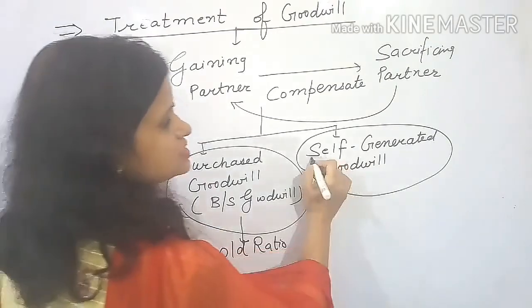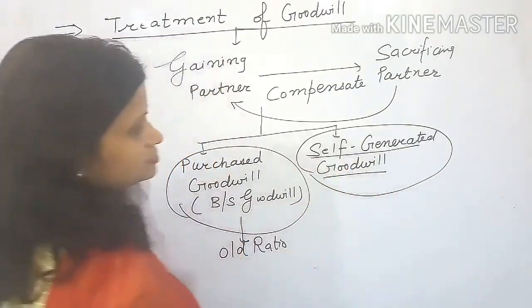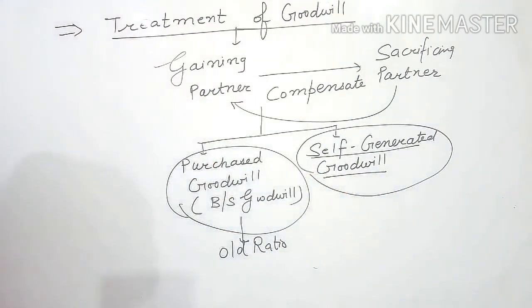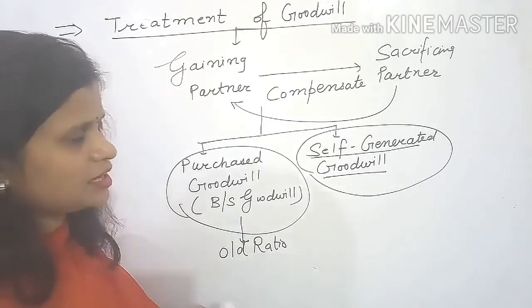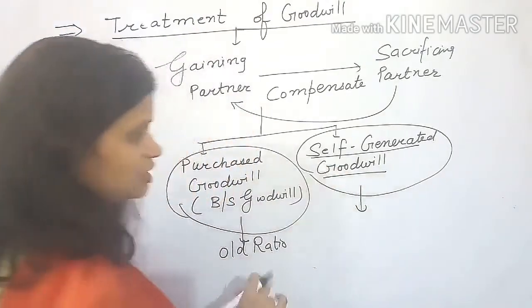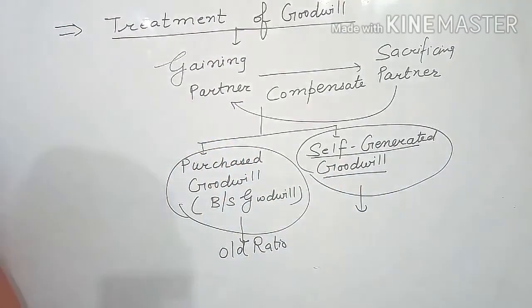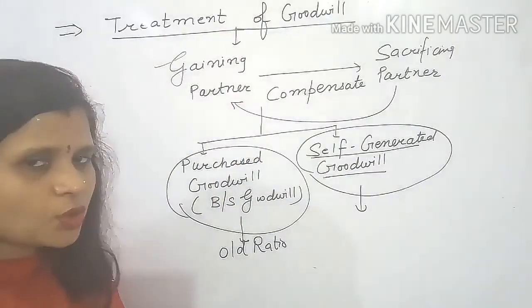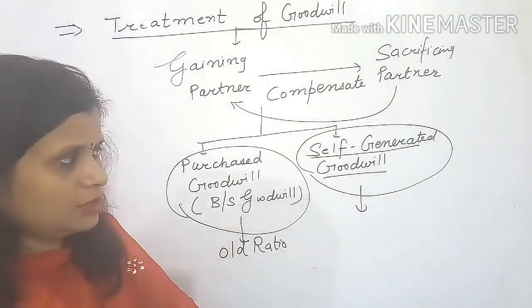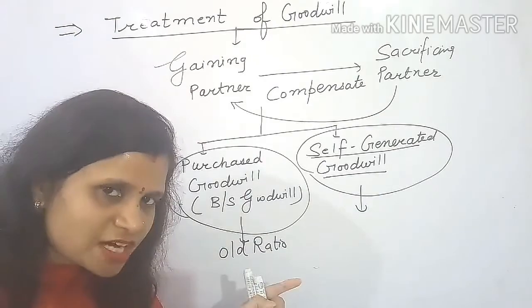Then what about self-generated goodwill? The value of this goodwill will be realized only on the sale of business. The sale will occur in future, and in future it will be shared in which ratio? In new ratio. While it has been earned because of the past efforts.